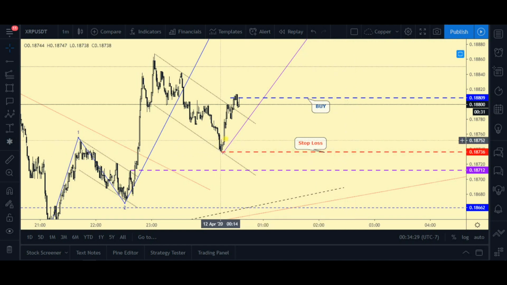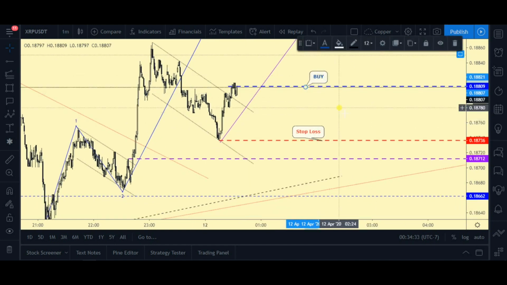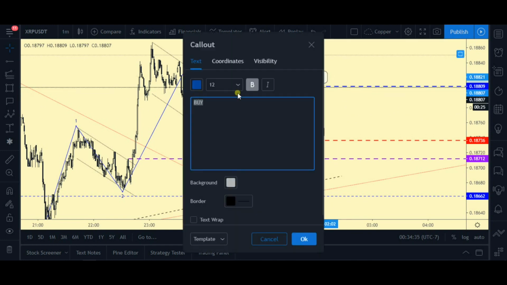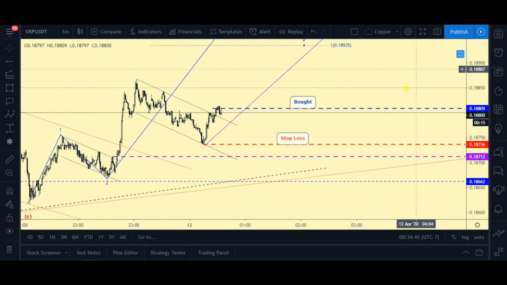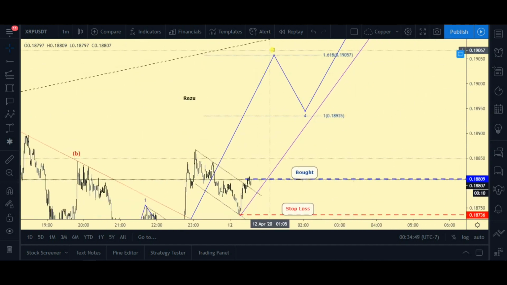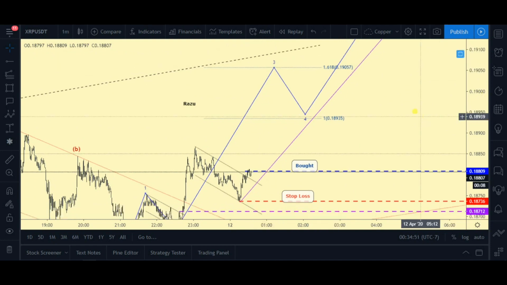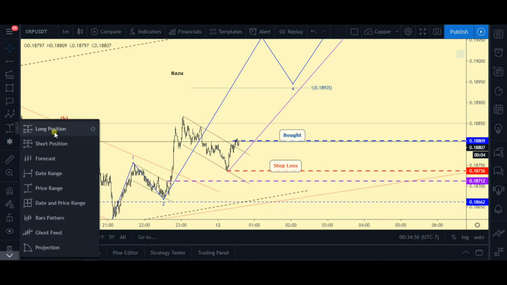Okay, so we have our strategy right now. I have already bought here. So what would be my risk to reward ratio right here? If I am expecting the price to go, third wave, to at least move here, I would first of all take a long position here.